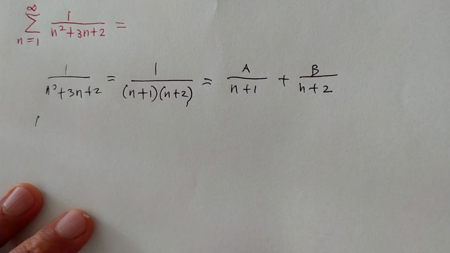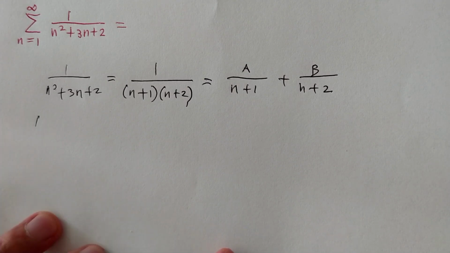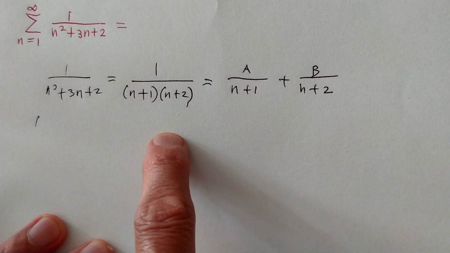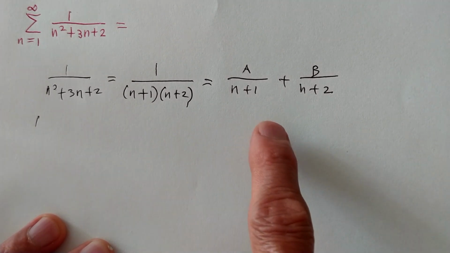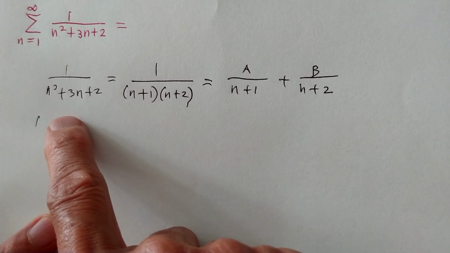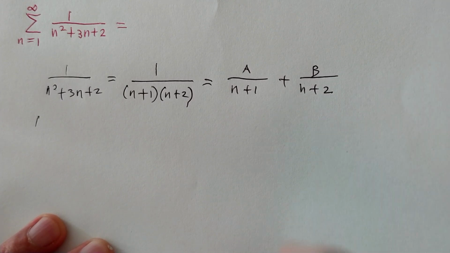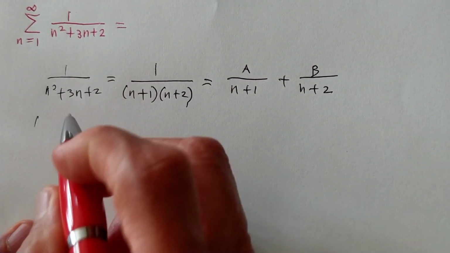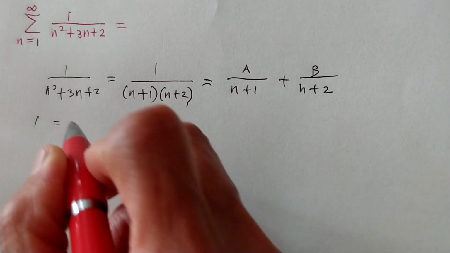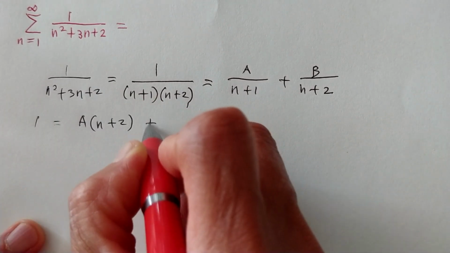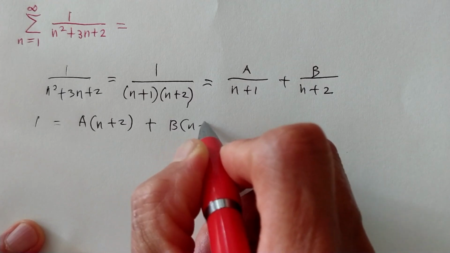Okay, so let's use partial fractions to rewrite this series. I factor the denominator into n plus 1 times n plus 2, and so I'm able to rewrite the fraction as a over n plus 1 plus b over n plus 2. So continuing on, we will say 1 is equal to a times n plus 2 plus b times n plus 1.